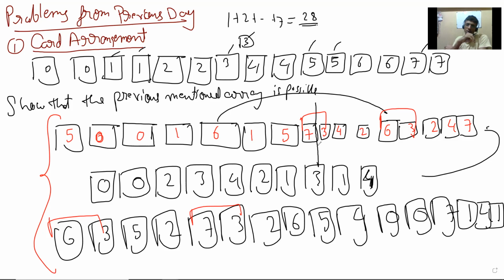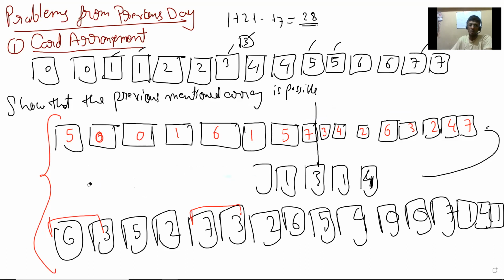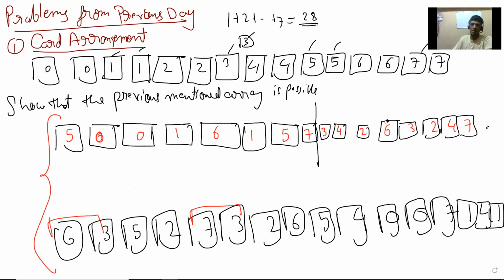If I reflected about the middle line, it should be right. Like if I take the 7 and the 4 and then 2, I'm just writing it in the opposite way.